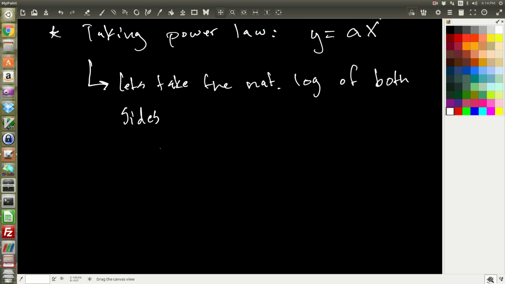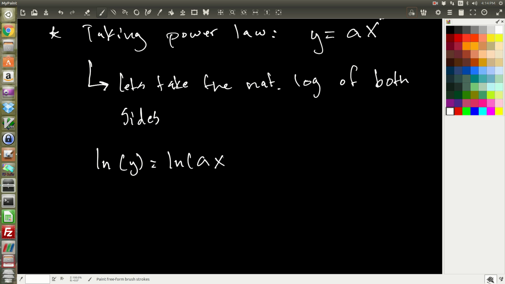When we do that, we get the natural log of y is equal to the natural log of a times x raised to the b.